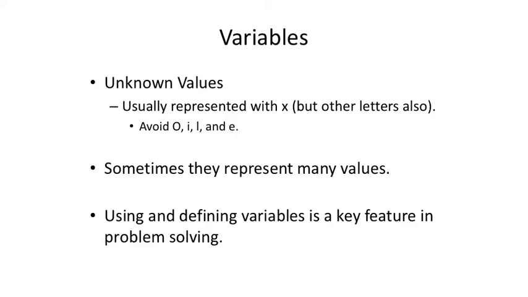So variables. Usually we just use x, like it says here. When you're writing your own equations, it's possible you may use other letters, and we'll see some other letters today. The most common ones are x, y, and z, and then also a, b, and c, but anything beyond those is kind of a crapshoot, but we try to avoid o and lowercase l, because they look like zeros and ones, and then i and e mean usually something very different in mathematics.